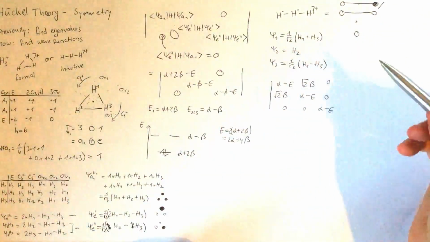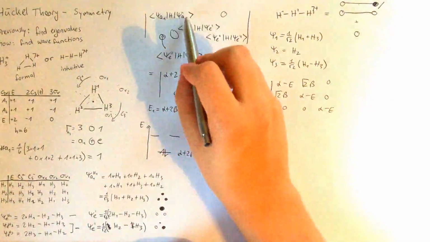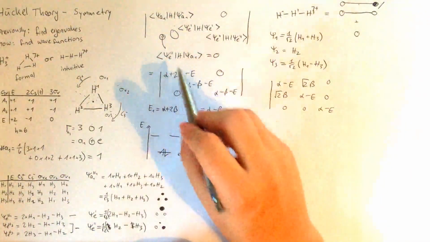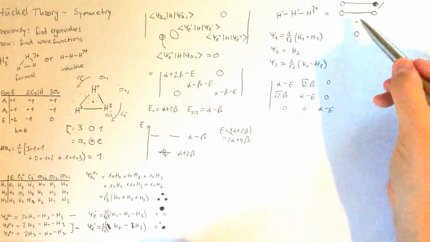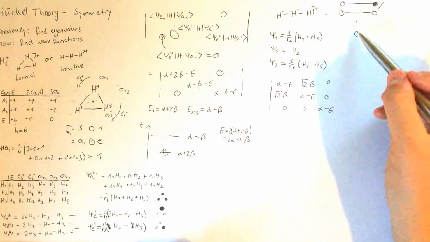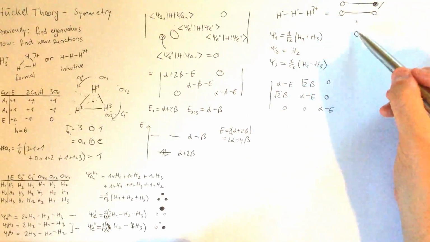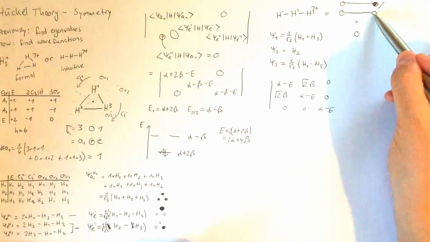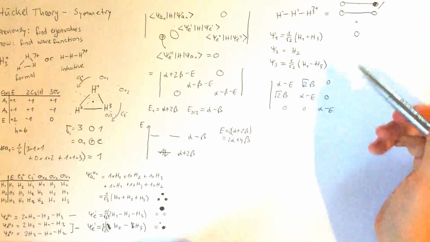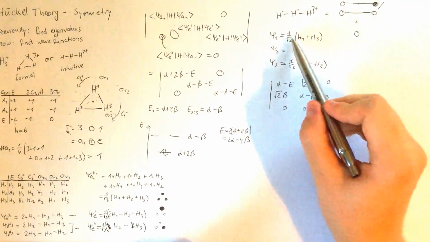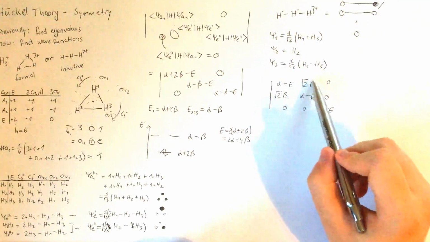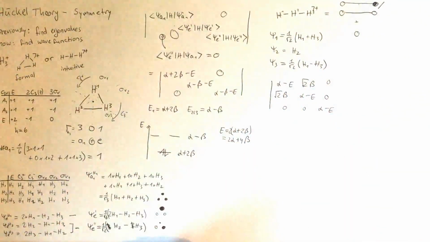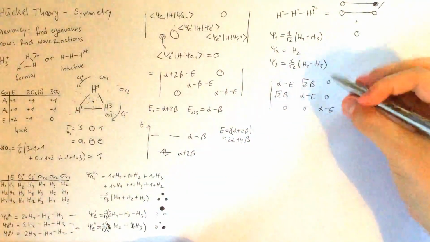So again, if I solve the matrix element, which looks like this, for psi1 and psi2, I have overlap between h2 and h1 and h2 and h3, which would give me 2 beta. But because of this normalization constant here, I get just root 2 beta overall. Okay.